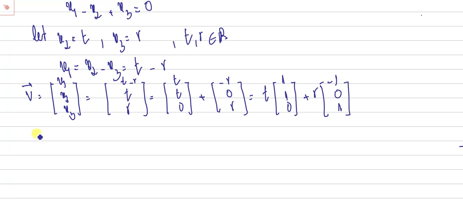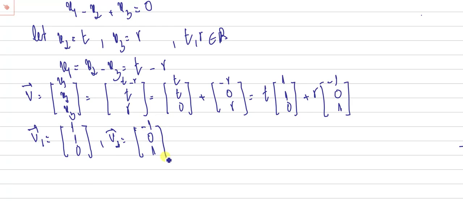And now we got V1. Eigenvector V1 is equal to, I can write 1, 1 and 0. And V2 is equal to minus 1, 0 and 1.